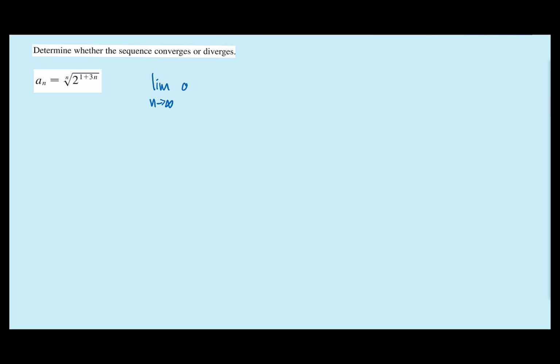This looks a little bit messy. Why don't we take this expression off to the side and just remember how to deal with exponent rules. When we have the nth root of something, it means raised to the power of 1 over n. When we raise a power to another power, that means we multiply the exponents together.